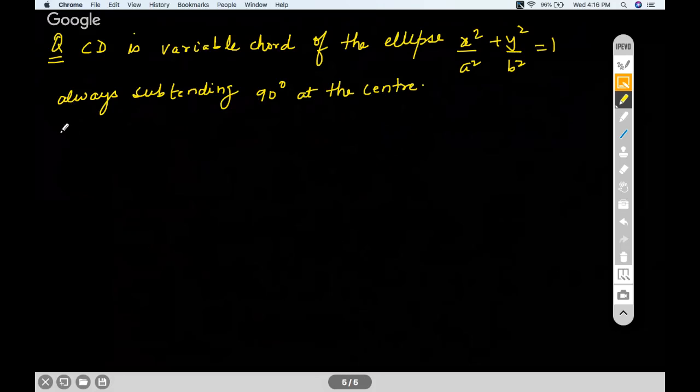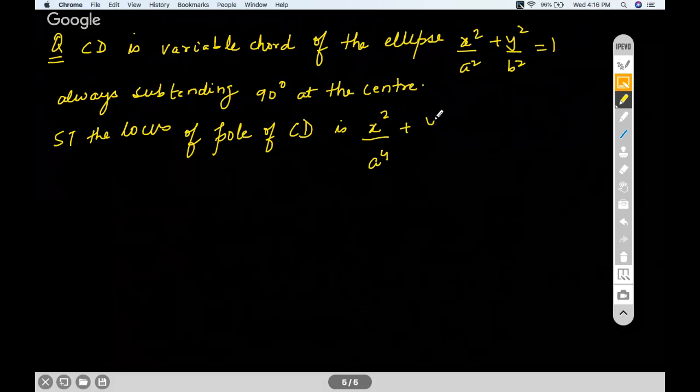Show that the locus of the pole of CD with respect to that ellipse is x²/a⁴ + y²/b⁴ = 1/a² + 1/b².